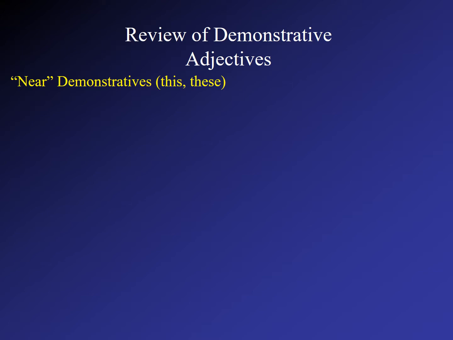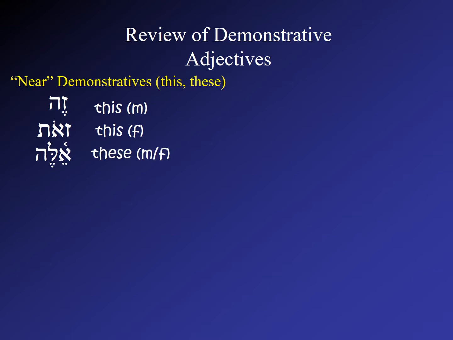In Hebrew, we can say ze, which means this, referring to a masculine noun. We can say zot, which also means this, referring to a feminine noun. These are both singular. And then eile, referring to these, can be masculine or feminine. This is plural.